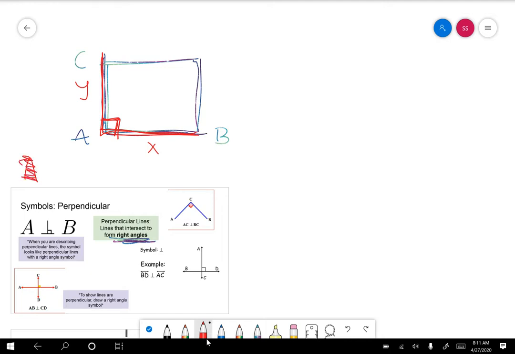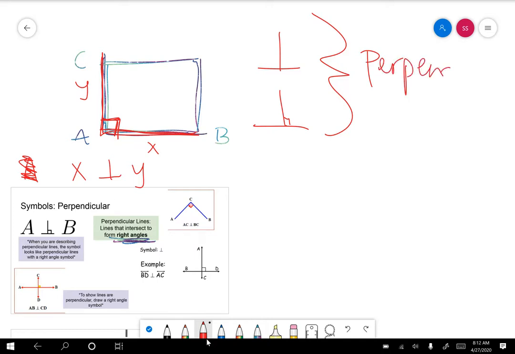So if we want to write out that line X is perpendicular to line Y, we could write X is perpendicular to line Y. Now sometimes you'll see just this symbol, and sometimes you'll see this with the little right angle symbol, but they both mean perpendicular. Long word.